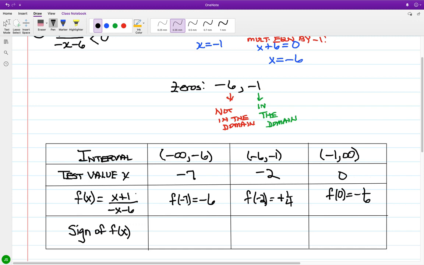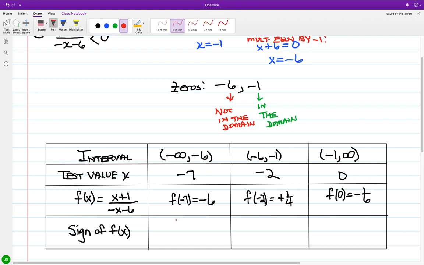And you have -6 over 1 ends up at -6. Now for -2, we have -2 plus 1 is -1. The opposite sign of -2 is going to be positive 2, minus 6 is -4. Negative 1 over -4 comes out to a positive 1 over 4. And for 0, we've got plus 1 over -6, so we have a minus 1/6.